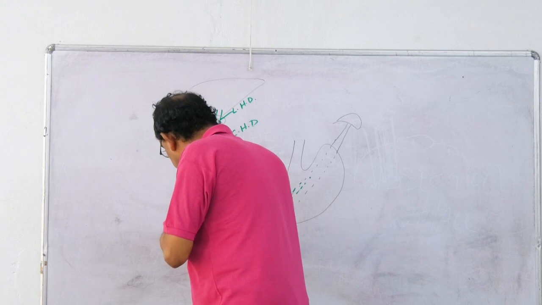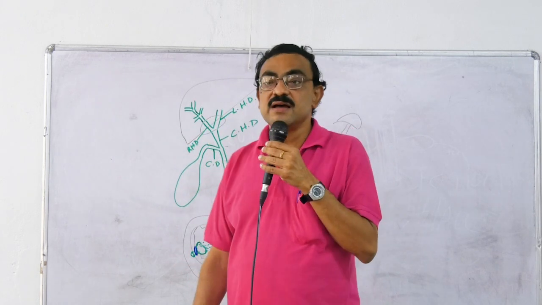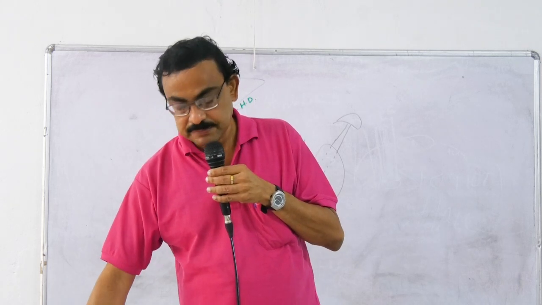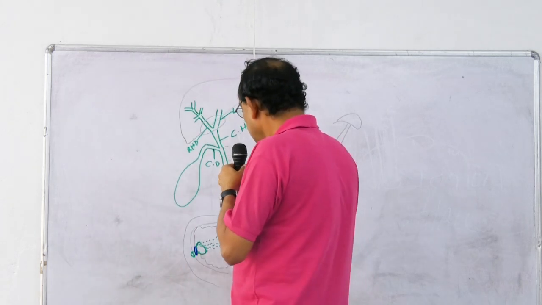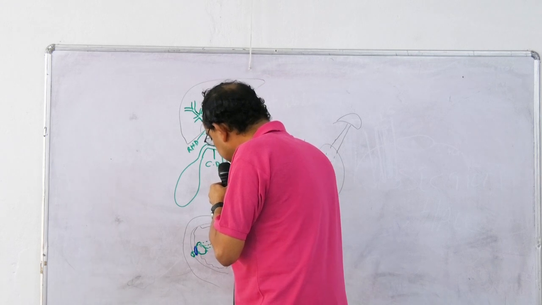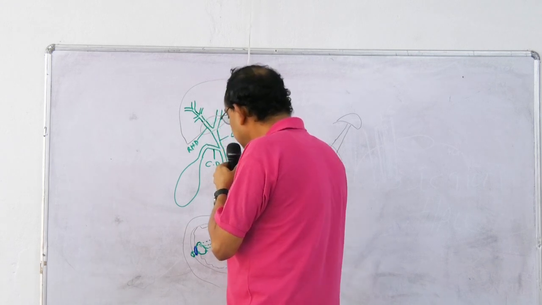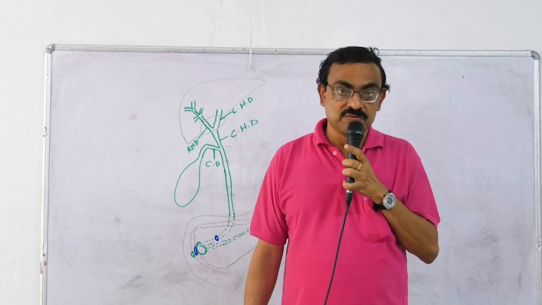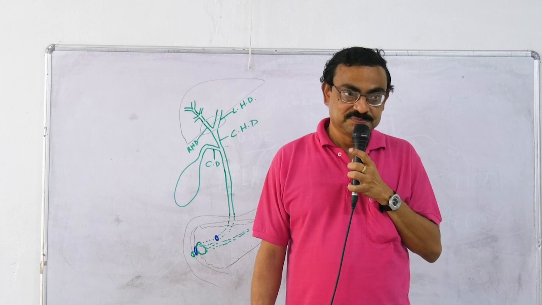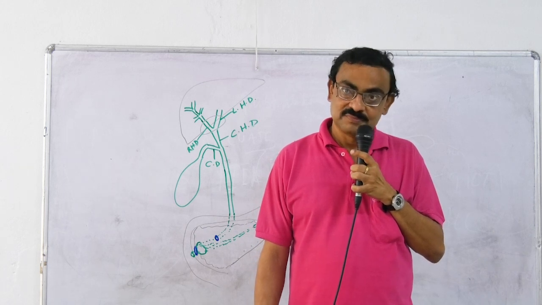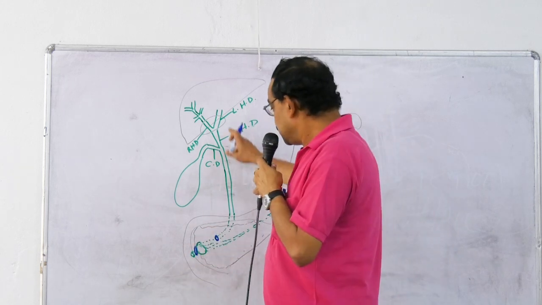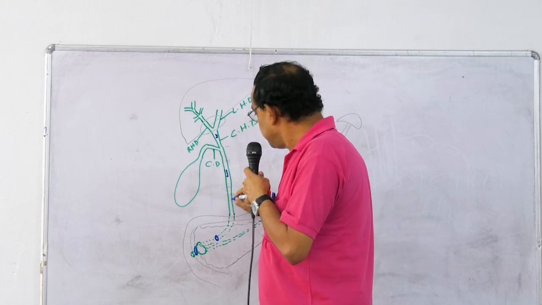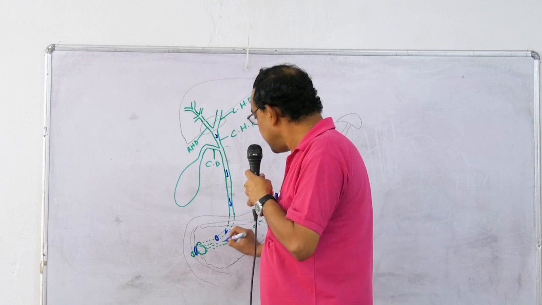That is the sphincter of Oddi. Okay. And there is another valve within the bile duct, which is called the sphincter of Boyden. So this is the channel through which bile will come out.